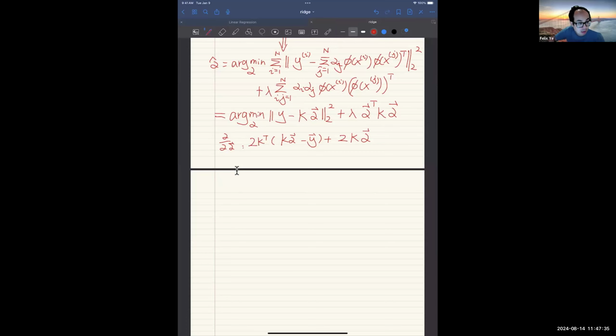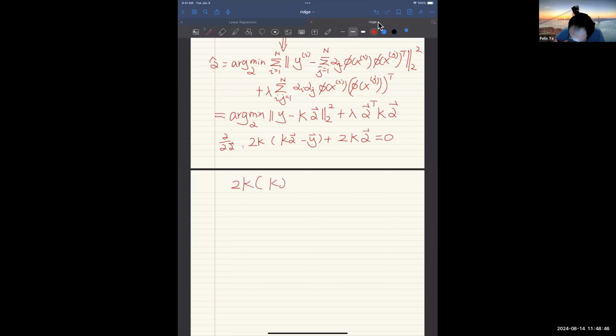If we set this equal to 0, K is a positive semi-definite matrix, and whether transpose or not doesn't matter, so we can get rid of the transpose and factor out the 2K.